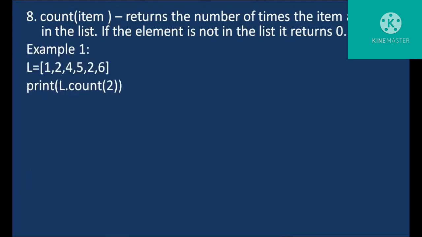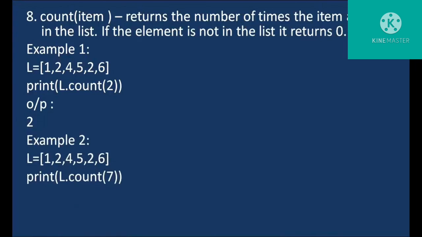Okay, now see the example. Example 1, L equals to 1 2 4 5 2 6, print L dot count(2). So how many times does 2 appear in the list? चेक करेगा कितनी बार 2 इसमें आया हुआ है. Okay, and you can see very clearly 2 times.